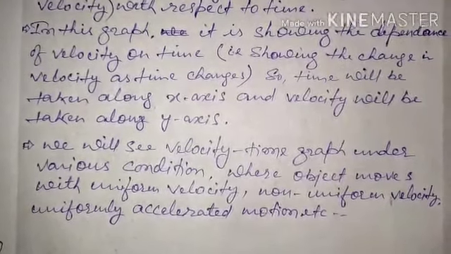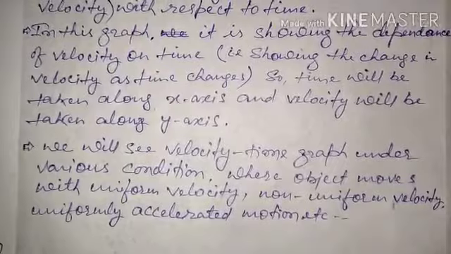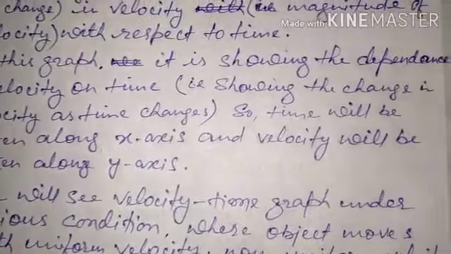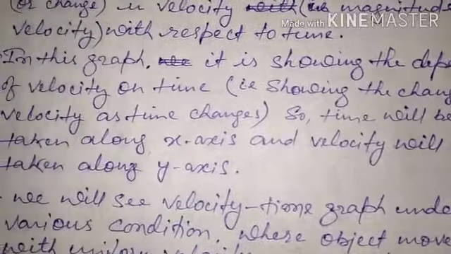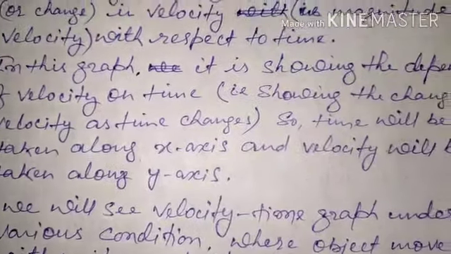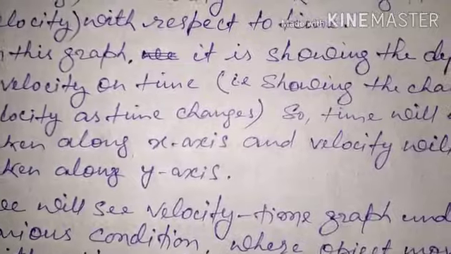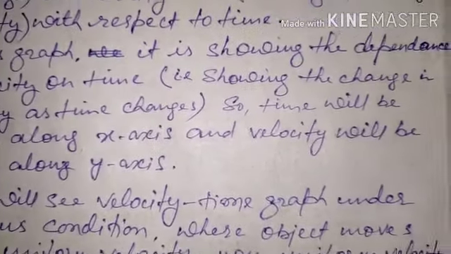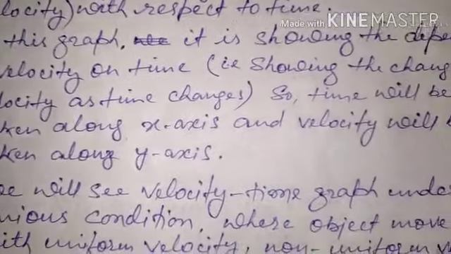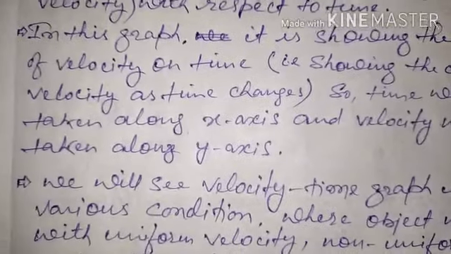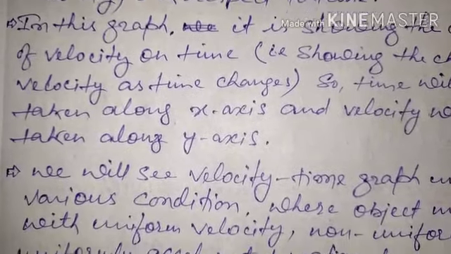Moving on to another point. This graph shows the dependence of velocity on time, that is, the change in velocity as time changes. As I told you earlier, time will be taken along the x-axis and velocity will be taken along the y-axis.